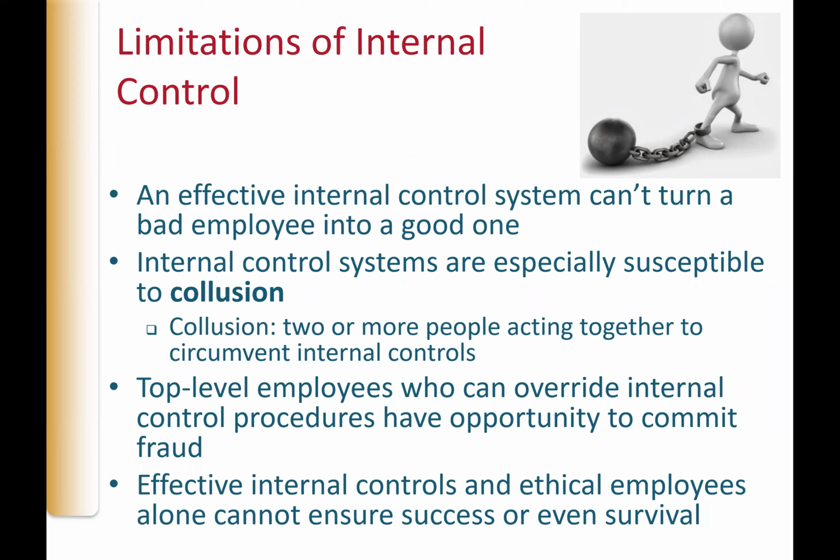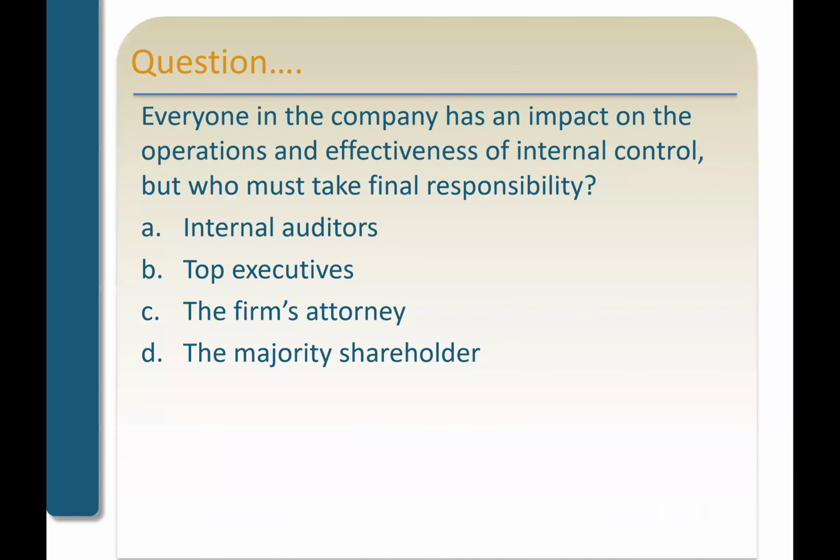We know top-level employees can override internal control procedures. Having effective internal controls is great, but it alone doesn't ensure even survival of a company. So many more factors come into play.